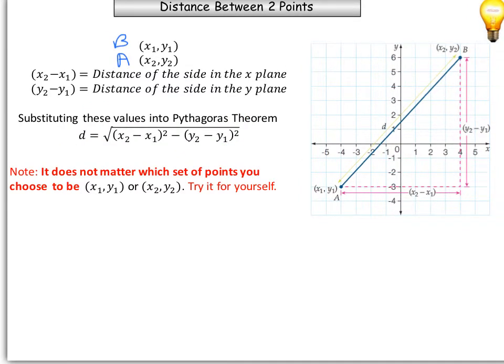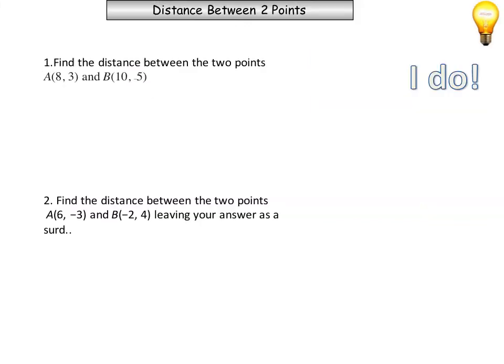Just a quick note, it doesn't matter which points we choose to be x1, y1 or x2, y2. In any example that you want to do, just swap over which one you choose to be x1 and y1, swap them around, and you'll find that you get the exact same answer. Okay, so we're given 2 questions here, and remembering that we're going to use the formula, we need to write that down, and you need to make sure that you have this formula completely memorized.